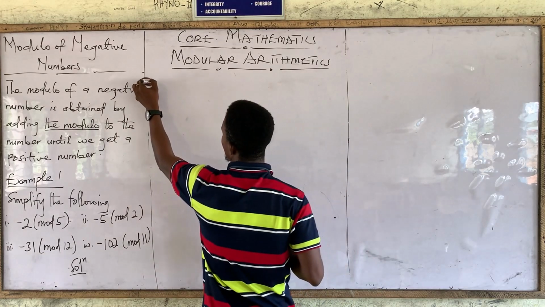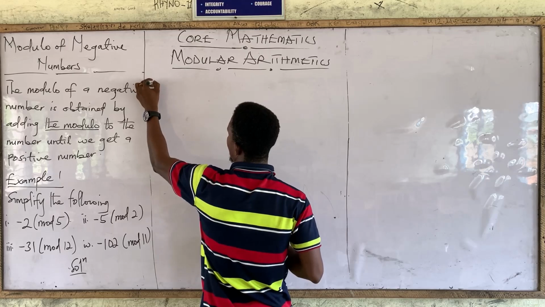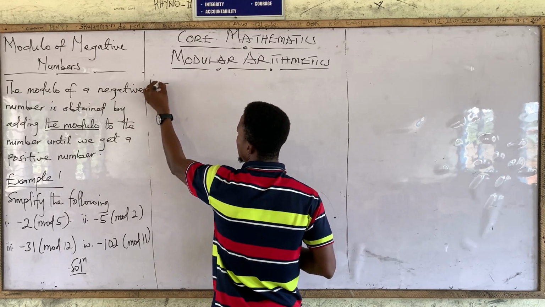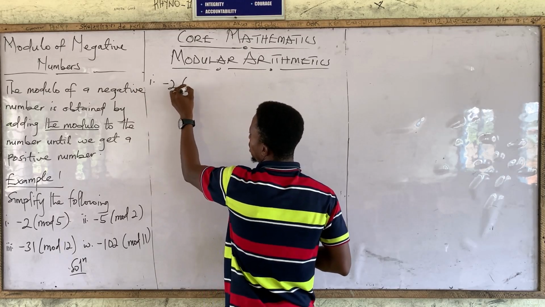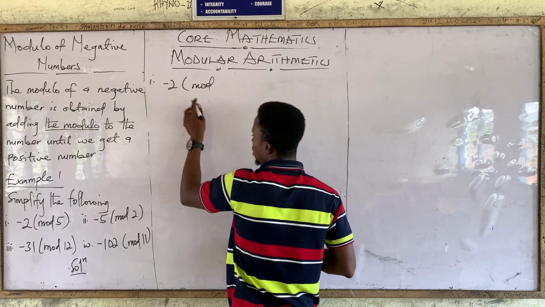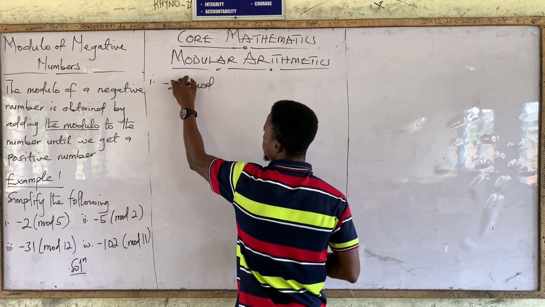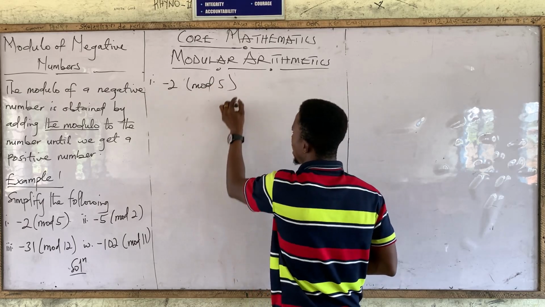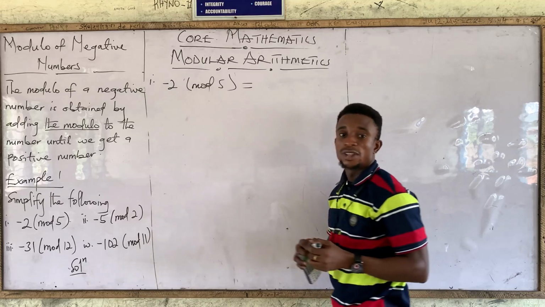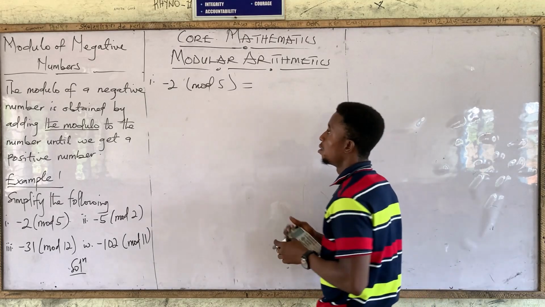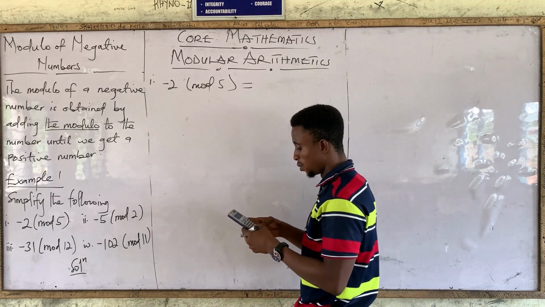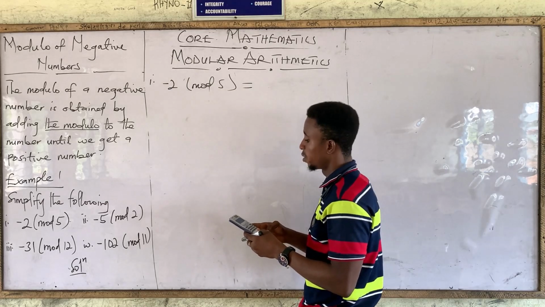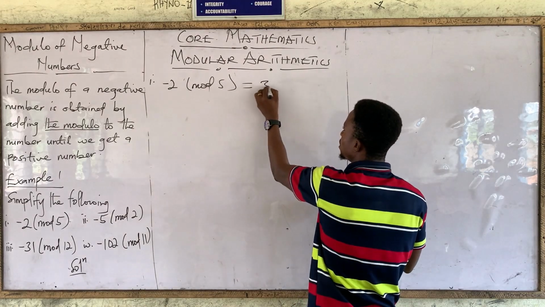So I have the I, which says negative 2 in mode 5. That one we can straightforwardly say is equal to, I'll take my negative 2, then plus 5. Now I get positive 3.